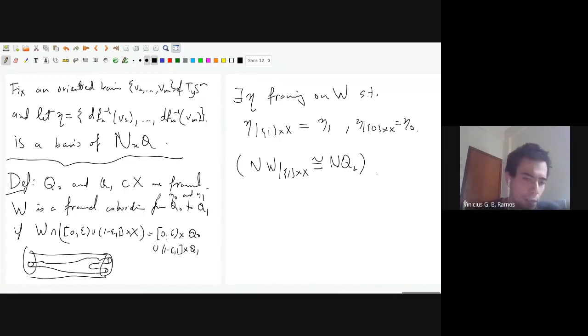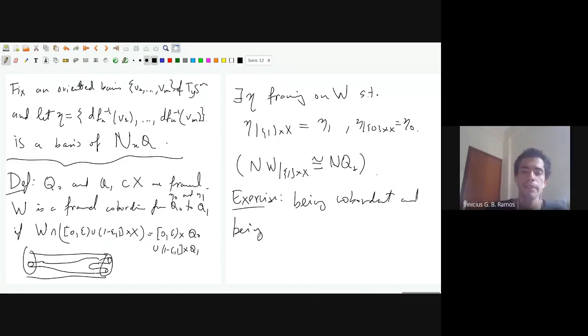Okay, so a framed cobordism is just a cobordism that has a framing that restricts to the framings eta_0 and eta_1. An exercise is to show that being cobordant and being framed cobordant are equivalence relations.